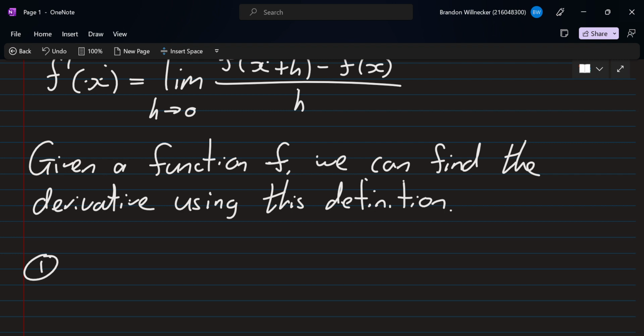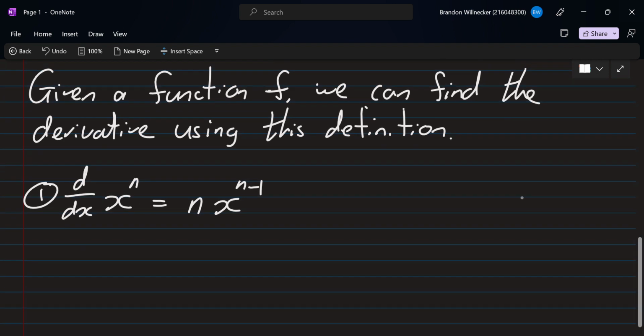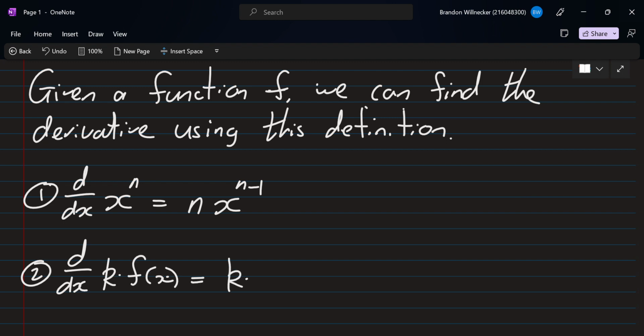The first one is the power rule, and that helps us a lot when it comes to dealing with polynomials. So the derivative of x to the n will be n x to the n minus 1. You should have seen that before. Then we have d by dx of k times f of x is equal to k times df by dx.